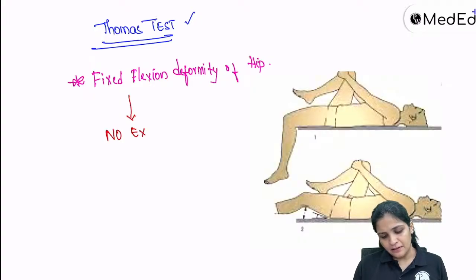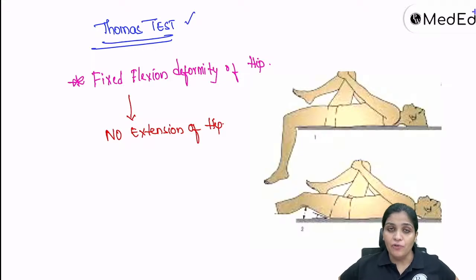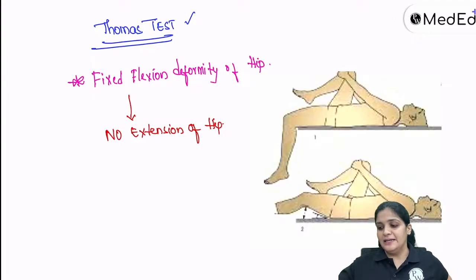Simple: no extension of the hip. The hip extensors are not working, so the hip goes into fixed flexion deformity. We identify this by doing a test called the Thomas test.